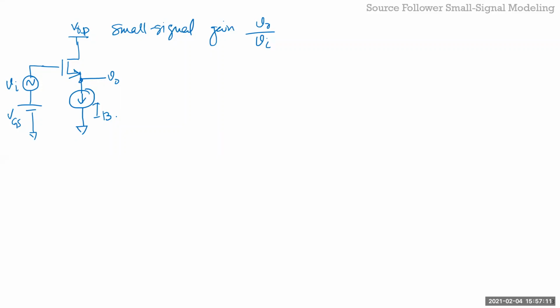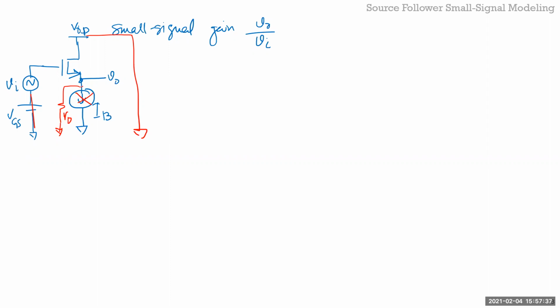VGS, IB, and VDD. So the VDD and VGS get shorted to ground, and the current source will be an open. Again, you can assume some impedance R0, and then you can make it infinity and see what the effect is later on.